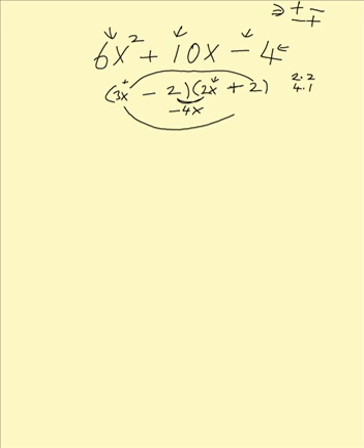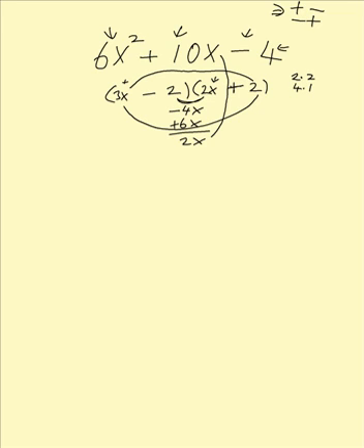Then if we multiply the outside terms, 2 by 3x gives us plus 6x. Add those together, we get plus 2x, which is not equal to this. So we know then that this is not the right answer.